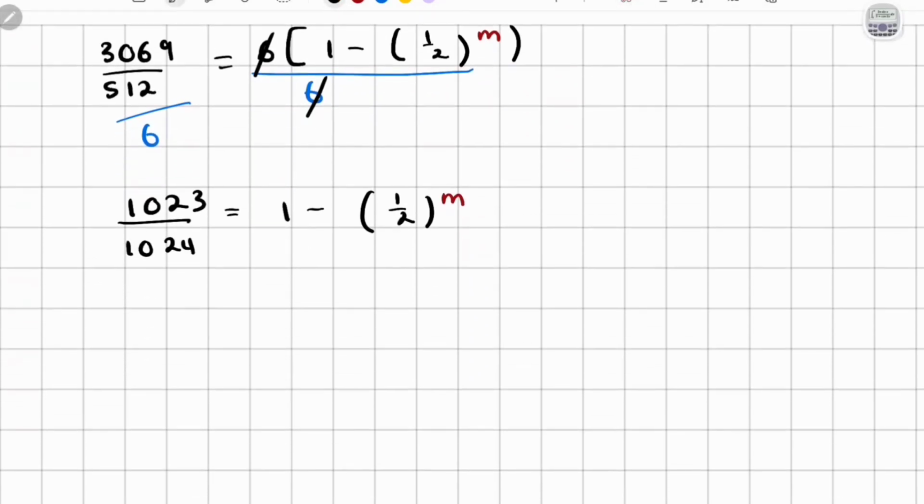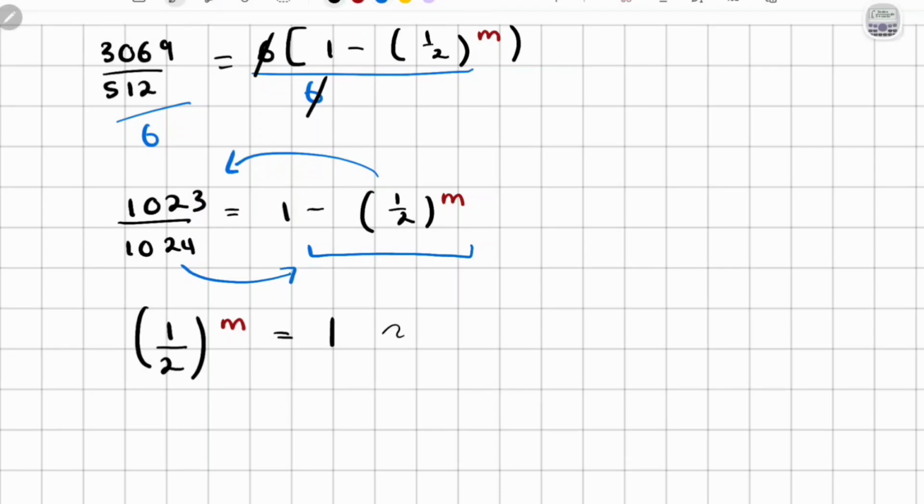Then what I'd rather do in this situation is take this over, because it's negative. You see, negative then a half. And when you take it over, it becomes positive. So it's positive a half raised to the power of m. And now this is equal to, I still have the 1. And now I'm going to take this number over. And so that is minus 1023 over 1024.